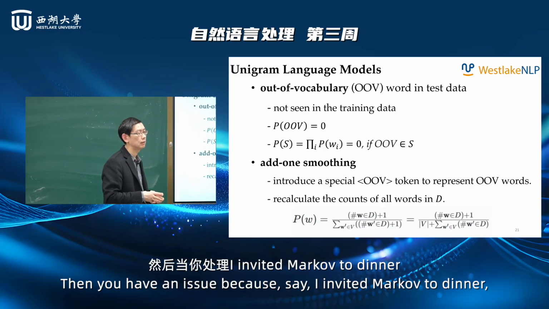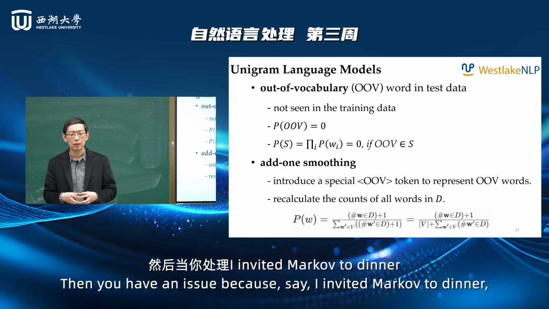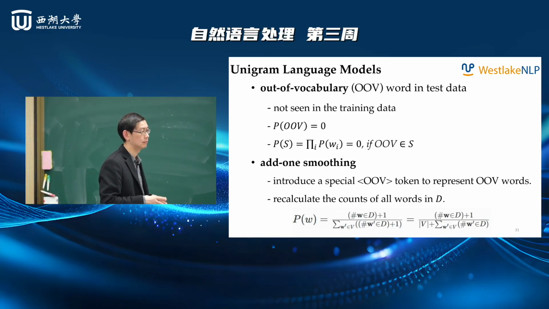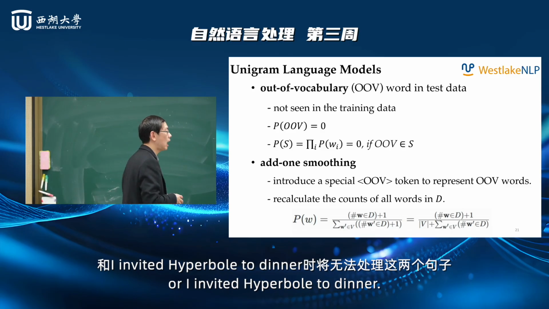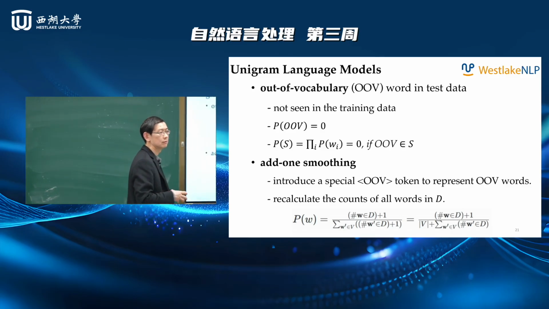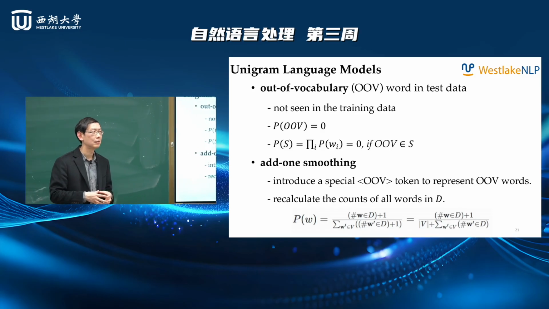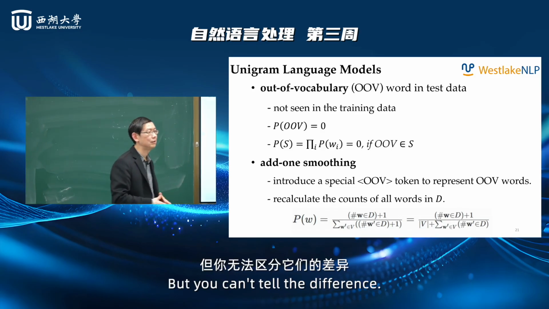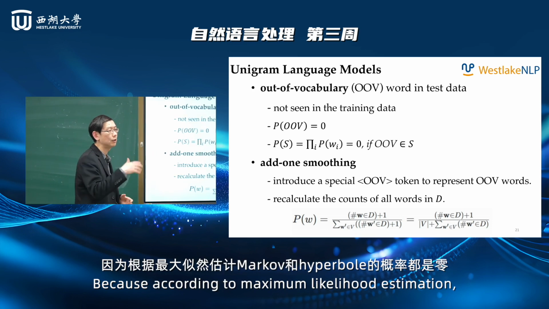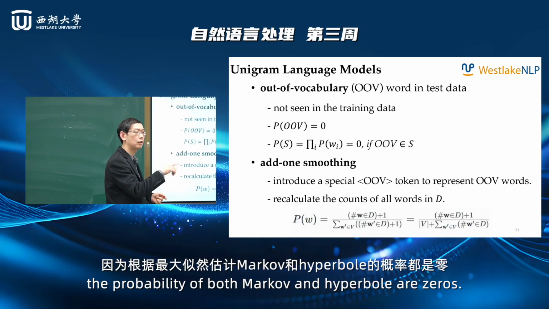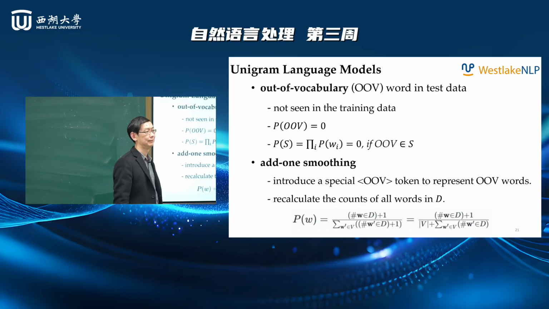Because, say, I invited Markov to dinner, or I invited hyperbole to dinner. These are two sentences, right? But you can't tell the difference. Why? Because according to maximum likelihood estimation, the probability of both Markov and hyperbole are zeros.